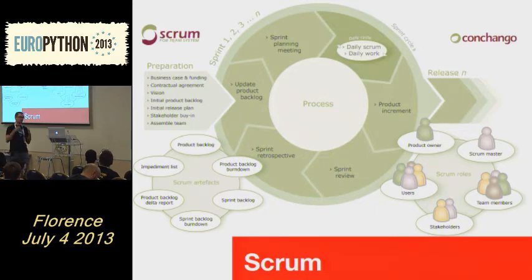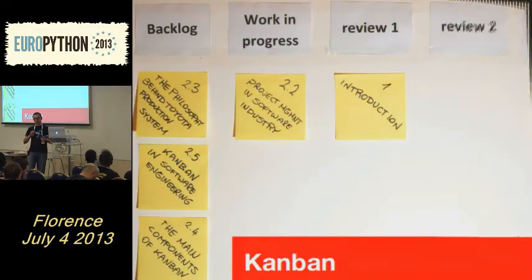And in my opinion, and also from what we have been testing, it fits slightly bigger teams. I will show you later how we are designed as a company, what kind of teams we have, but I think it fits bigger teams more than smaller teams, and we are rather small. So that's Scrum. Kanban is much simpler.